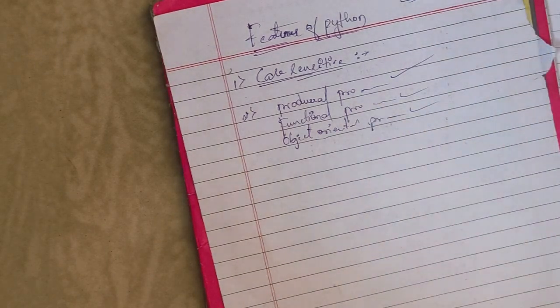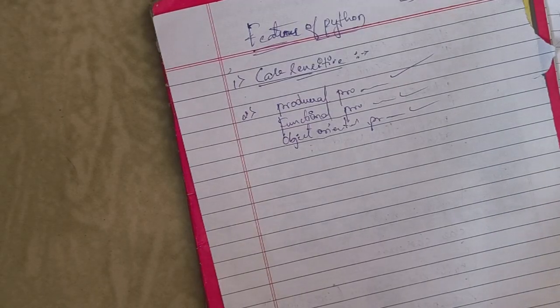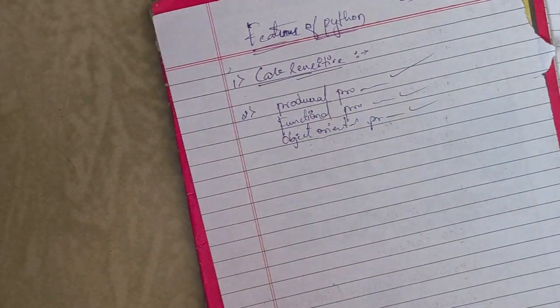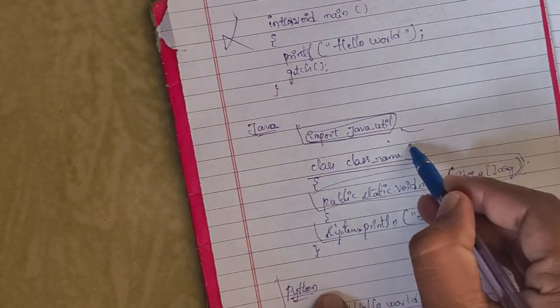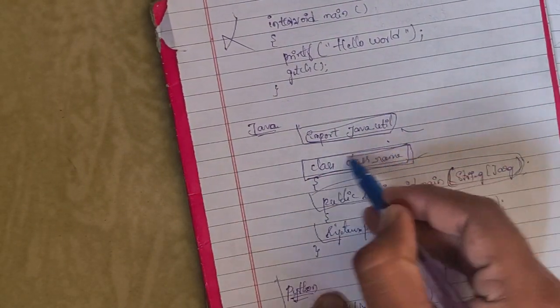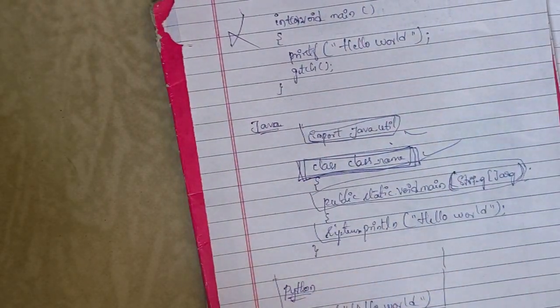Now, procedural programming is nothing but there is no use of functional program and object-oriented program. For example, in Java, we must use class. This is called object-oriented, class and object. We must use class.